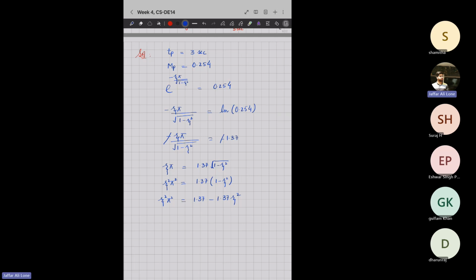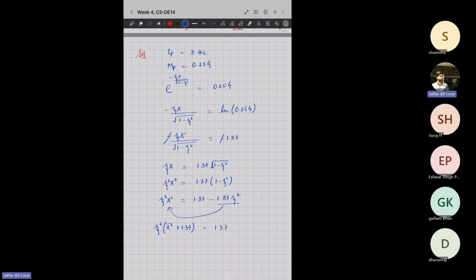Now, you'll just simplify this. So take this zeta here, then pi, take zeta square common. So it will be pi square plus 1.37, which is equal to 1.37.